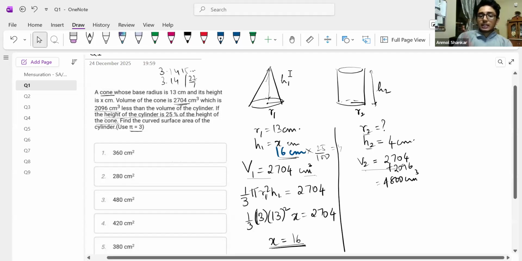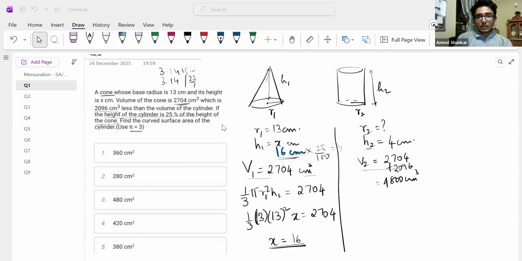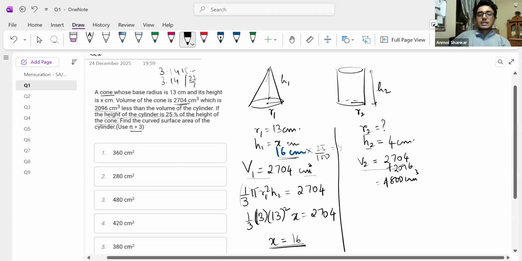So next, just the same way like we did for the cone, we have to do for the cylinder. What is the formula for volume of a cylinder? In a cylinder the 1/3 does not come, very simple, pi r square h. The cone has an additional 1/3.